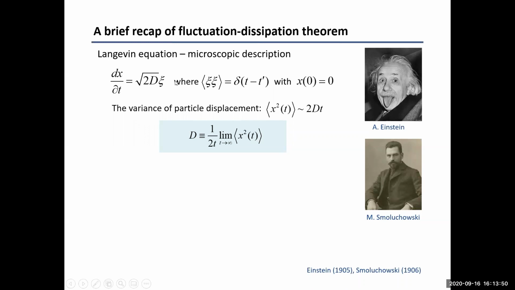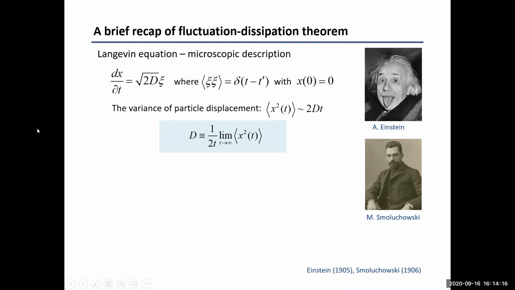So this Langevin equation can now be easily solved. You can compute the variance of the particle displacement, and you will see that the variance is proportional to 2Dt, where t is time. So what it means is that the strength of the fluctuation, not surprisingly, characterizes the variance of the particle displacement.